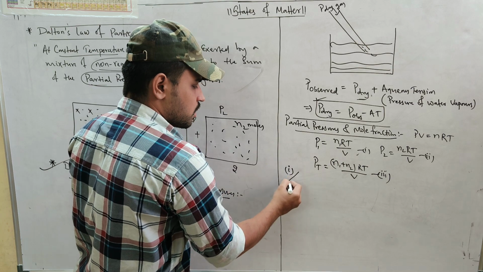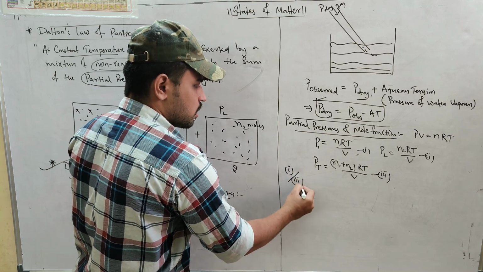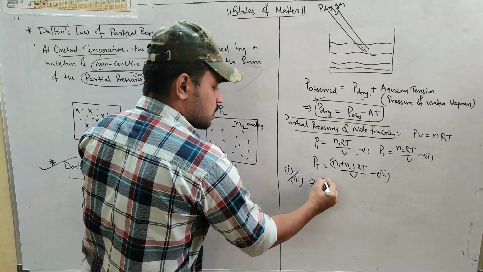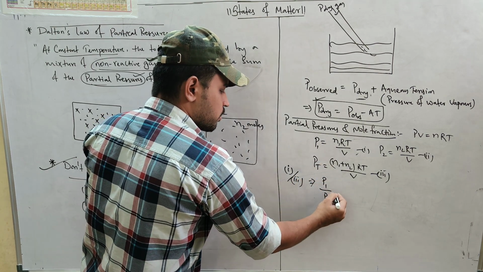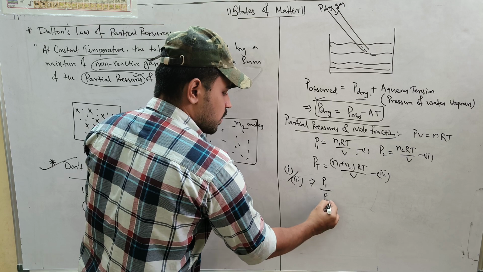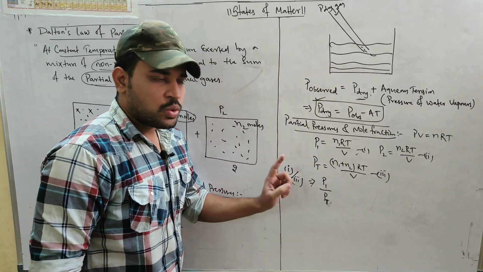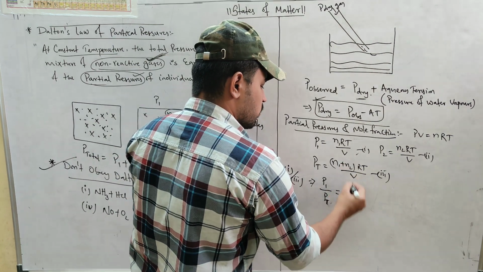Now what we have to do is divide the first equation by the third equation. What are we going to obtain? That is P1 by Pt, that means partial pressure of the first gas by total pressure. If you do it, what value are you going to get?